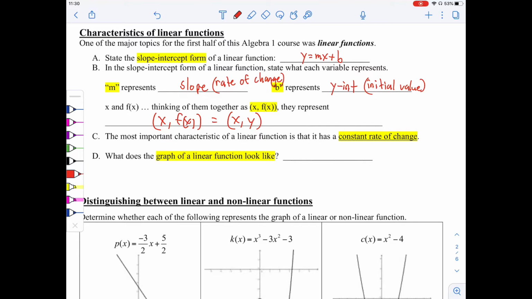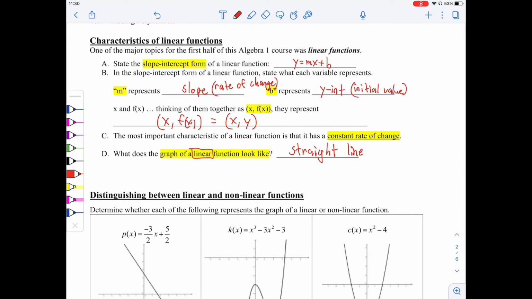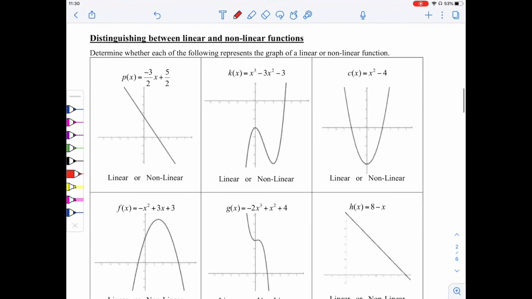Okay, part D, what does the graph of a linear function look like? It looks like a straight line. Keyword linear, right? So all of these linear functions are straight lines. So we look at all of these right here. Which one's linear or non-linear?